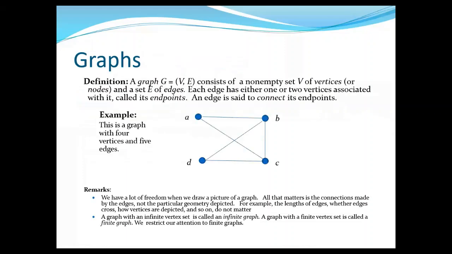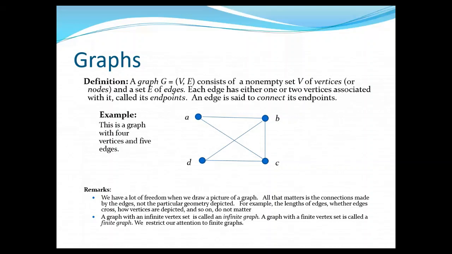So let's define first what is a graph. Based on our book, a graph G equals (V, E) consists of a non-empty set V of vertices or nodes, and a set E of edges. So if you're going to relate vertices to a real world scenario, a good example of that will be the cities.